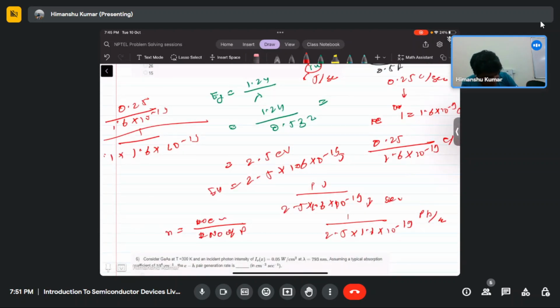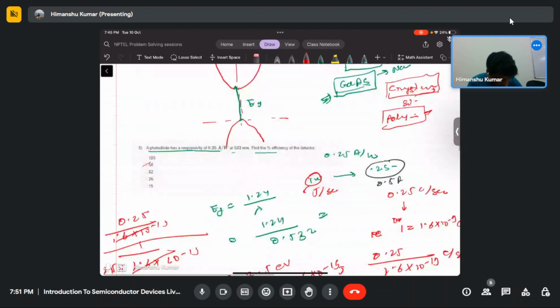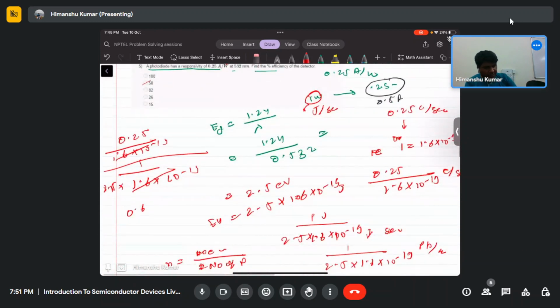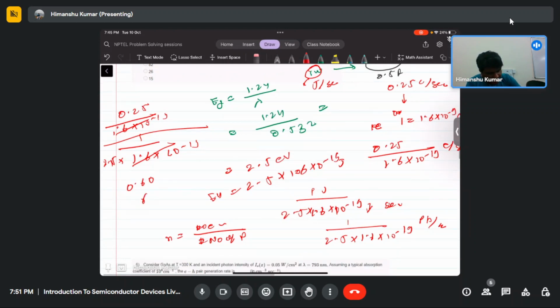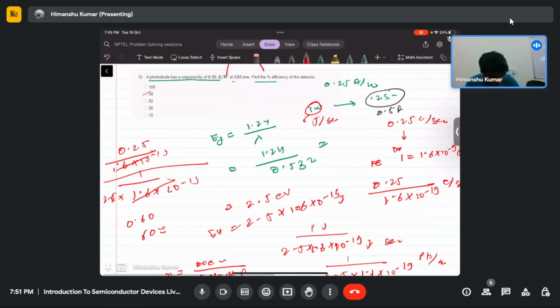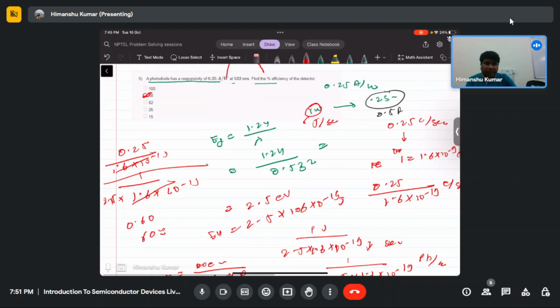This 2.5 term is also there. So this gets cancelled, and you will get around 0.6, around 60%, something like 58% will be the correct answer.